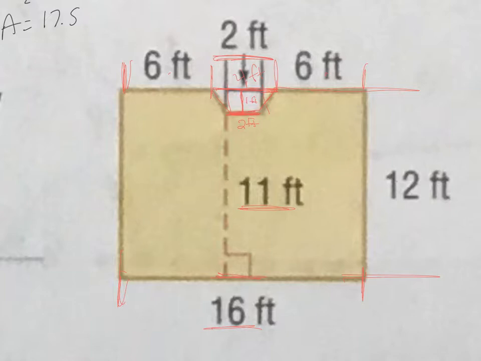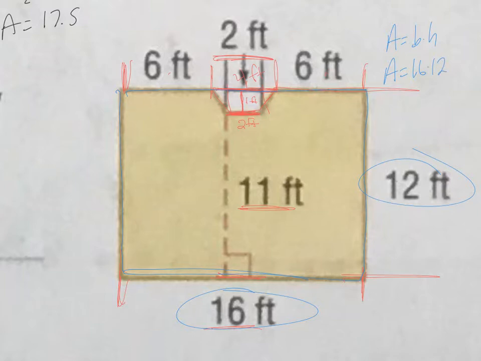First of all, let's get the area of this thing right here. This parallelogram, which is a 16 by 12. Parallelogram equals base times height. Area equals 16 times 12. And 16 times 12 is area equals 192 feet squared.